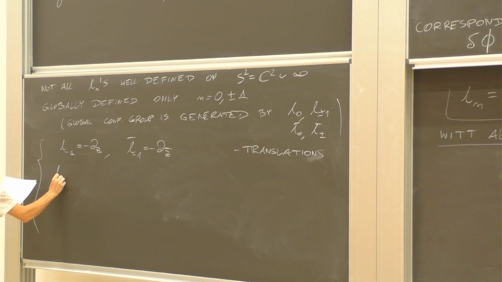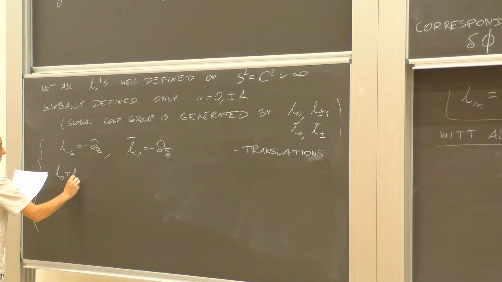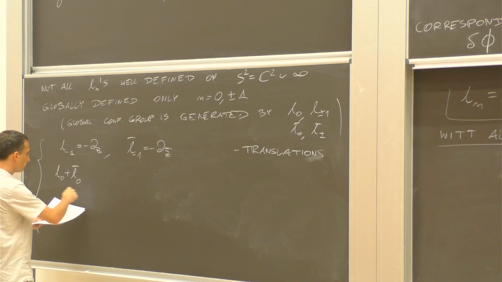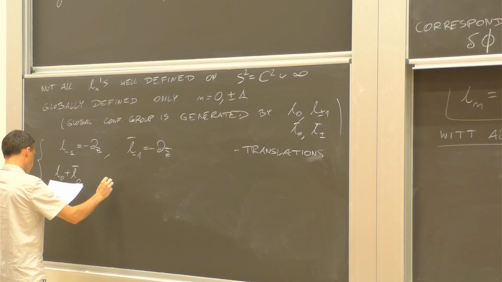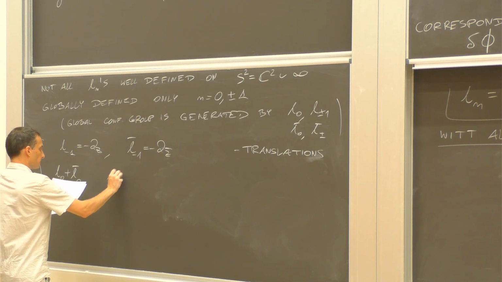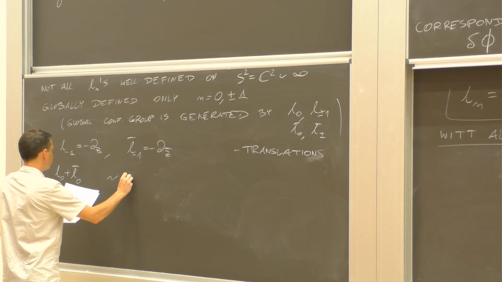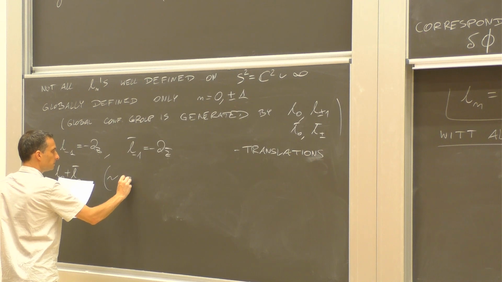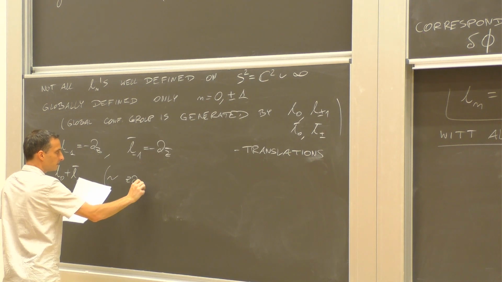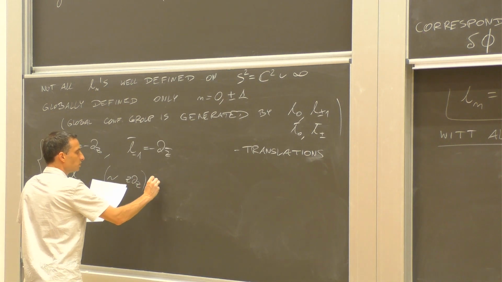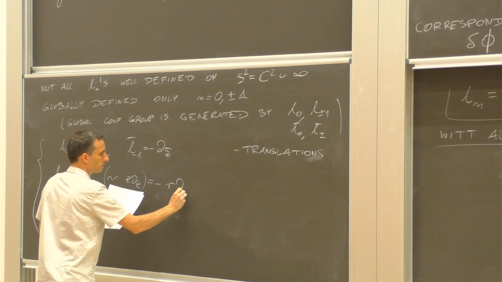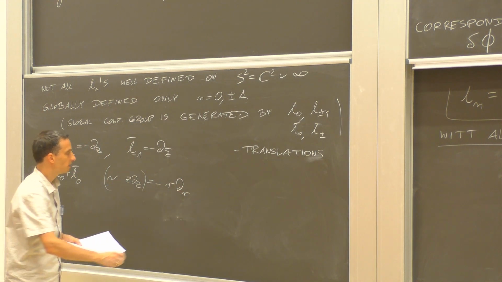Instead of thinking of just L0, it's maybe more intuitive to think of L0 plus L0 bar, which is something like z d/dz, and the same for the bar symbols, which you can write in the following way.